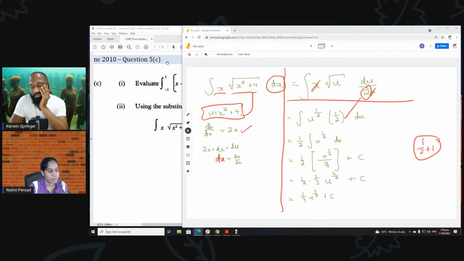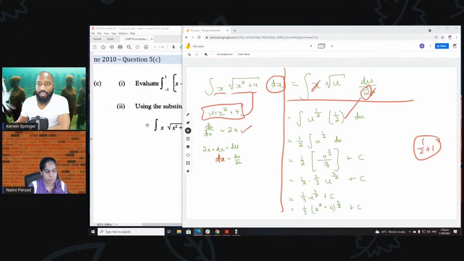We can substitute back for u. So substituting back, u is equal to x squared plus 4, to the power 3 over 2, plus c. Right? C is your constant of integration. And that's it. 10 marks.